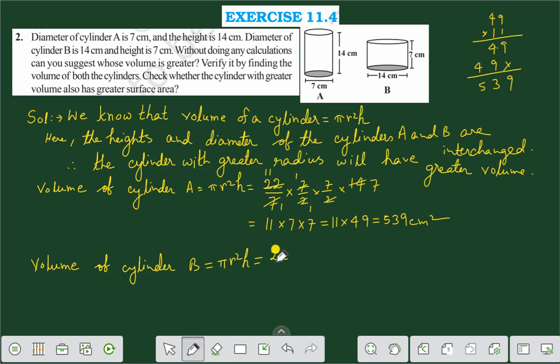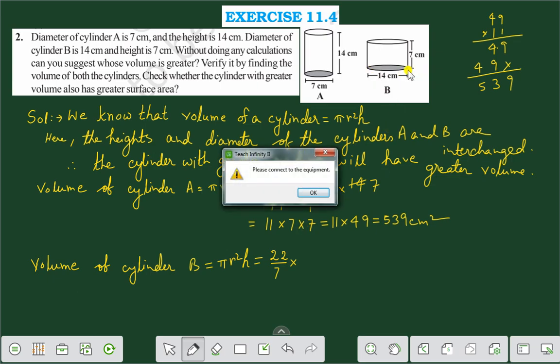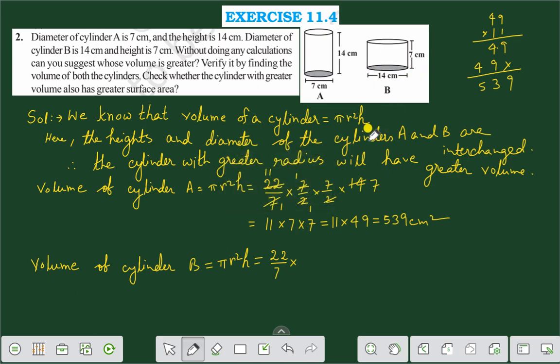The diameter is 14 centimeter, and therefore radius will be 14 by 2, that is half of diameter, that is 7 centimeter. That is 7 into 7, and height is given as 7 centimeter. Here 7 will cut, 7 ones are 7, 7 ones are 7, right? Then we are getting 22 into 49.